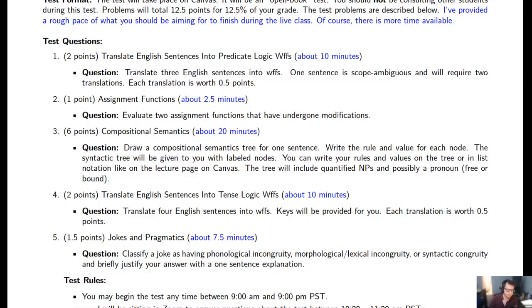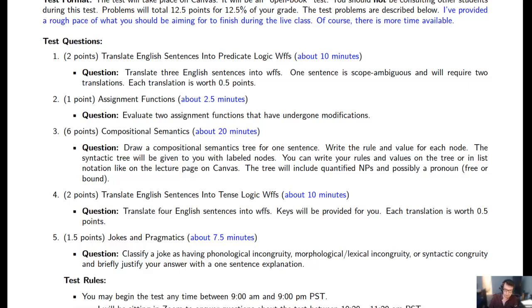Again, it's just 1 quantifier and 1 pronoun. So the pronoun might be free, it might be bound, I'm not sure. It'll vary depending on which version of the question you get. And I will give you the tree with the labeled nodes, just like I did for the previous test, to save you some time and to make sure that you all have the structure correct.